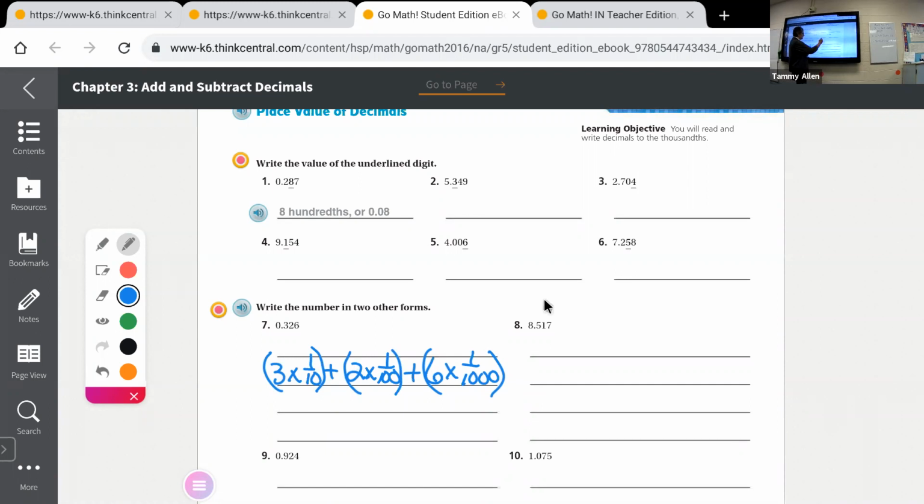The word "and" needs to be said at the decimal point. 8 and then we read this, 517 thousandths. 8 and 517 thousandths. The expanded form: 8 times 1 plus 5 times 1/10 plus 1 times 1/100 plus 7 times 1/1,000.